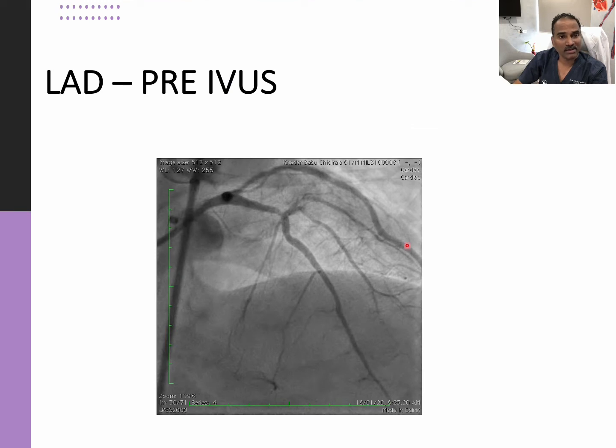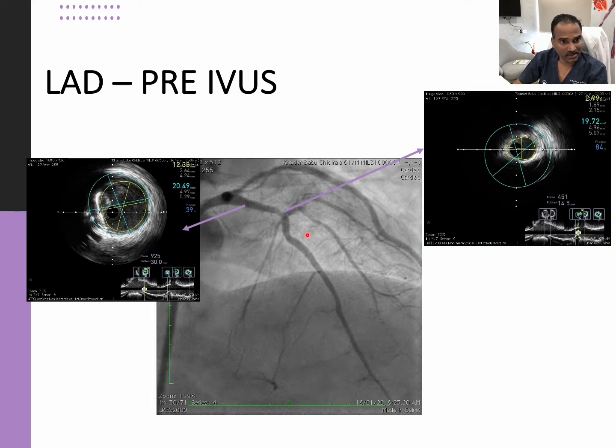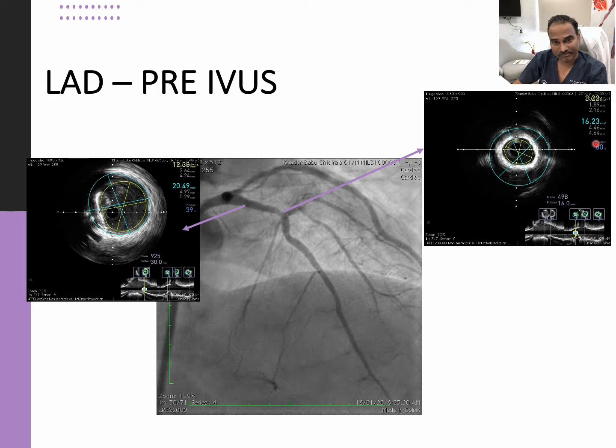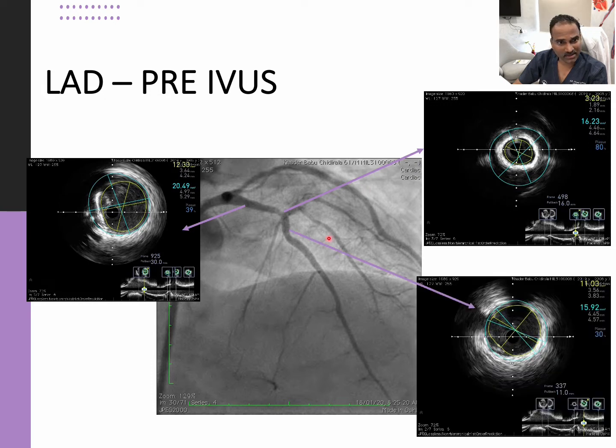So this is the LAD pre-intravascular ultrasound before going retrograde. You can see this is the MLA of the LAD at the site of the lesion, around 2.9 mm square, and this is the distal reference, which is around 11 mm square.